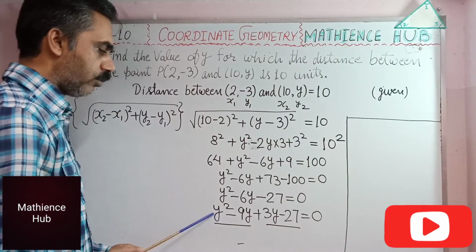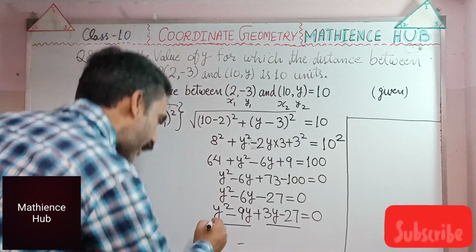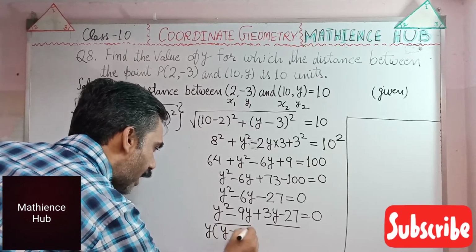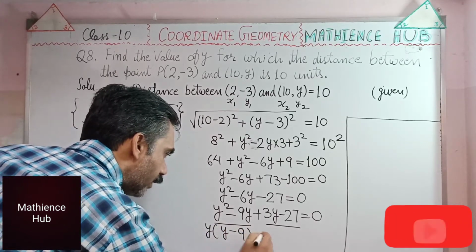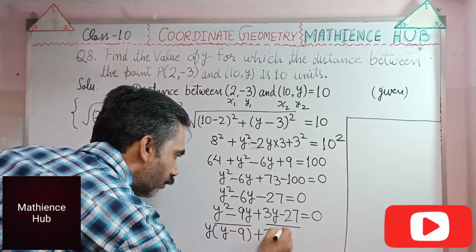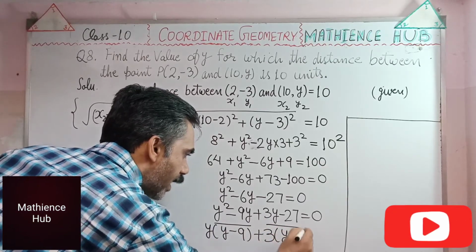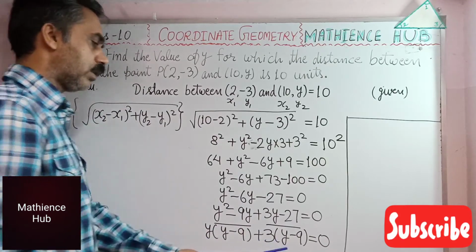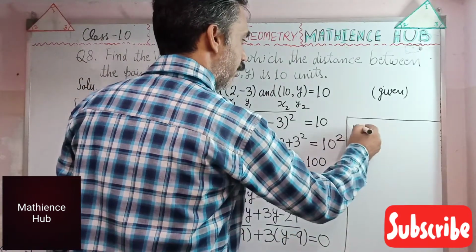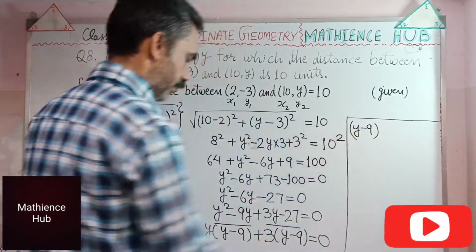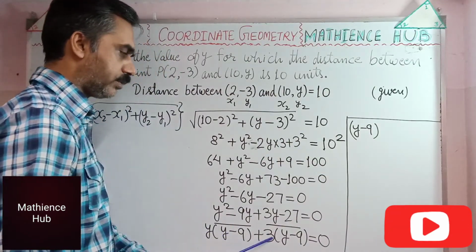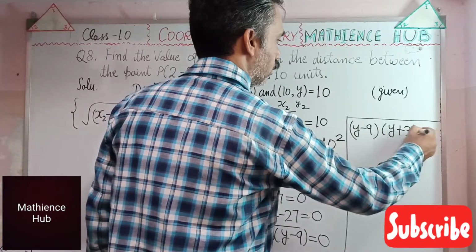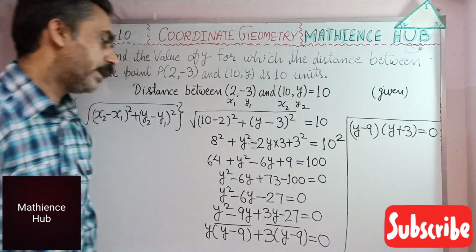Solving this side, the common factor is y minus 9, and 3y minus 9 equals 0. So this is the common factor y minus 9, and here y plus 3 equals 0.